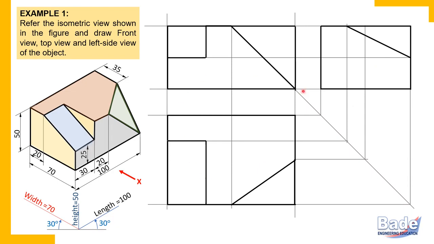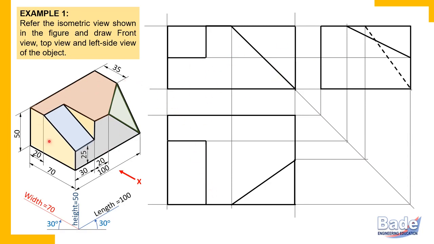So this is how we have completed views of the object. Now what approach we use to complete this diagram? We checked principal surfaces and principal edges. And taking help of that, we have completed the diagram.